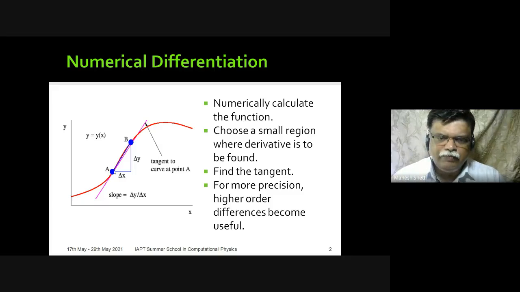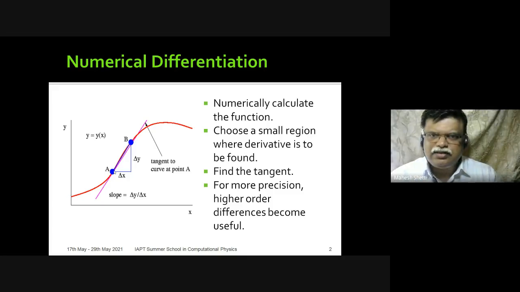to a straight line. Now, multiple times you encounter this term, nicely behaving function. So what does it mean? It means a function which is continuous and differentiable in the given range, and doesn't go to infinities.